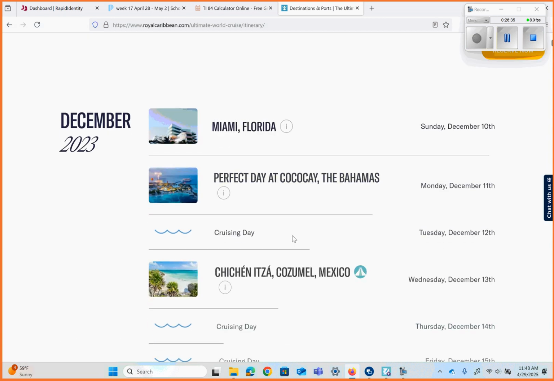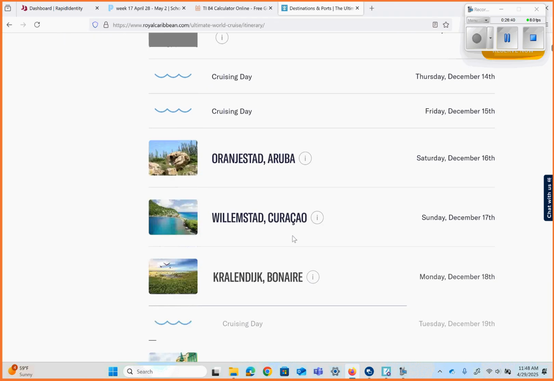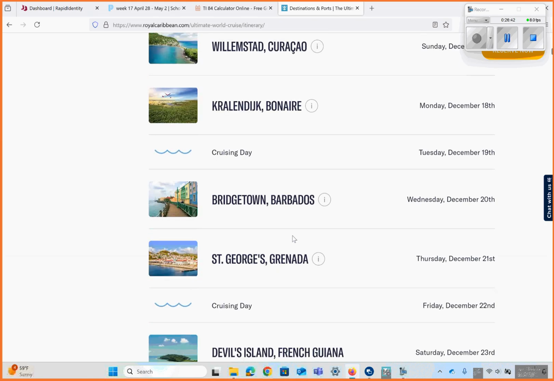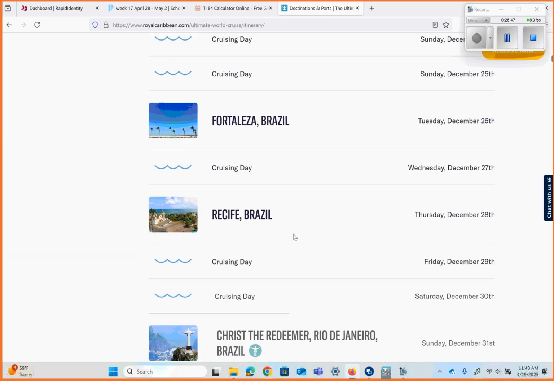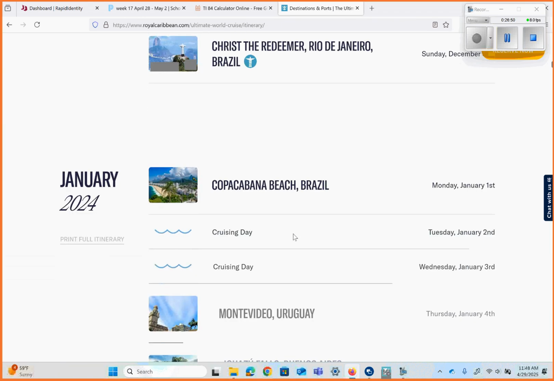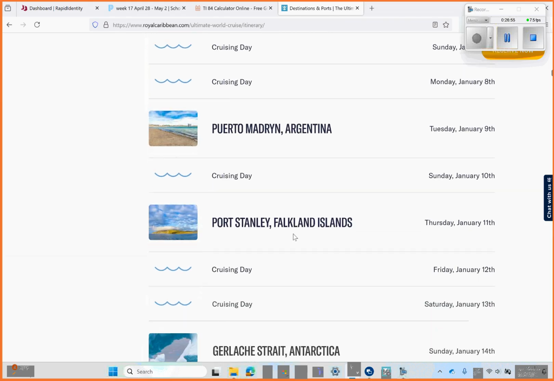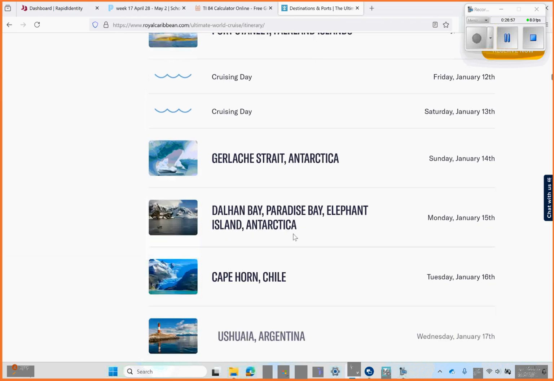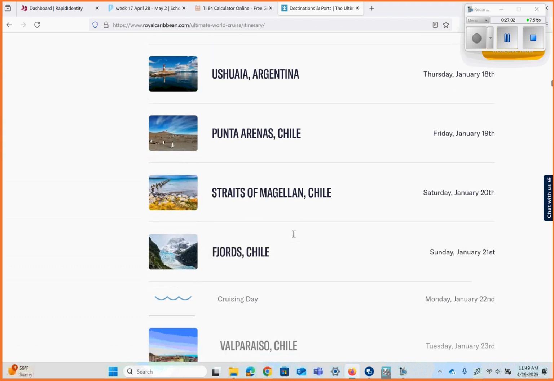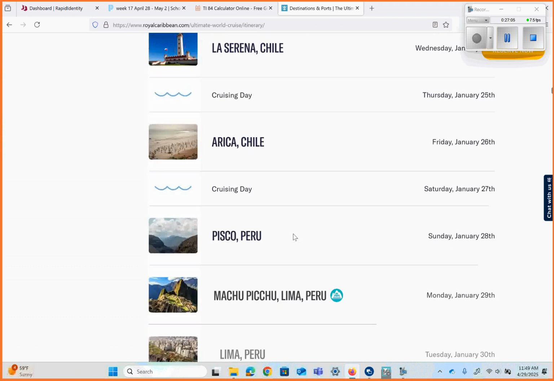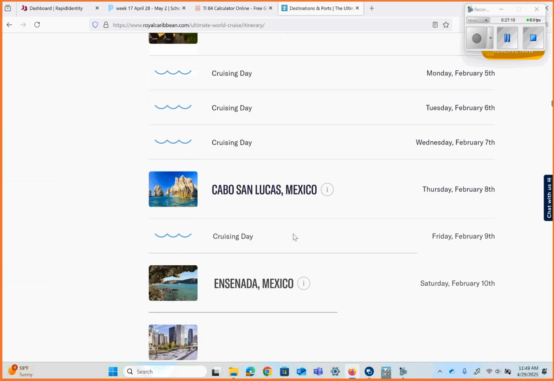Yeah, that's the thing. So you leave Miami, Florida on December 10th: Bahamas, Mexico, Aruba, Curaçao, Bonaire, Barbados, Grenada, French Guiana, Brazil, Rio de Janeiro, Uruguay, Argentina, 3 different ports, Falkland Islands, Antarctica, 2 different ports in Antarctica, Chile, Argentina again, more Chile, lots of Chile, Peru, Ecuador, Costa Rica, Nicaragua, Cabo.